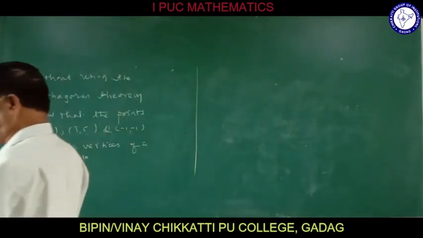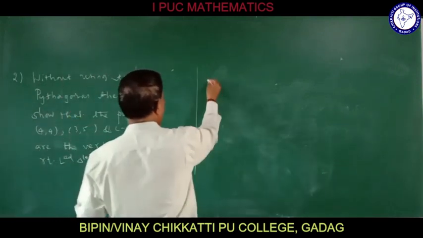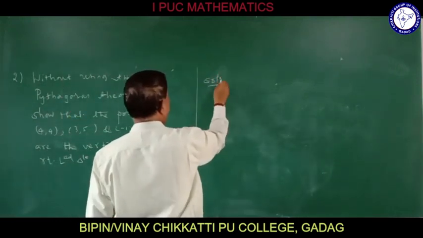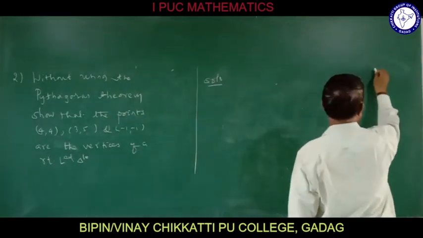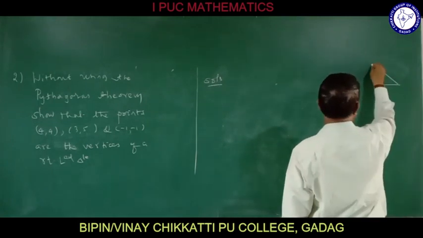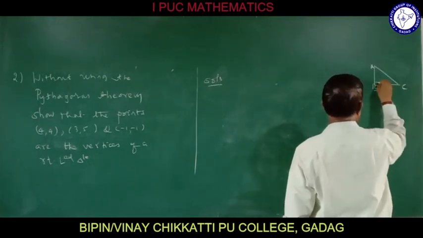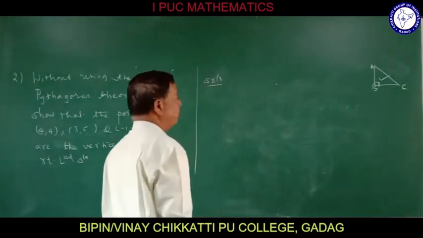But here, without using the Pythagoras theorem, we have to prove that these are the vertices of a right angle triangle. Suppose the right angle triangle may be like this. I don't know whether it is A, B, C, or whether it is right angled at B, that also we don't know.